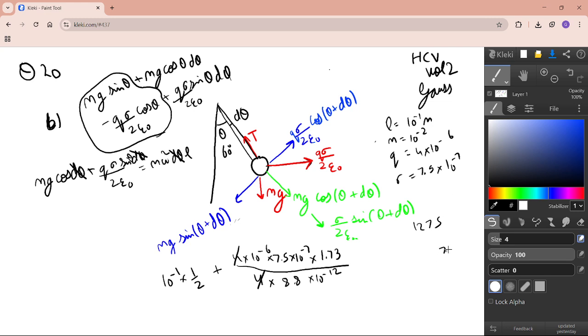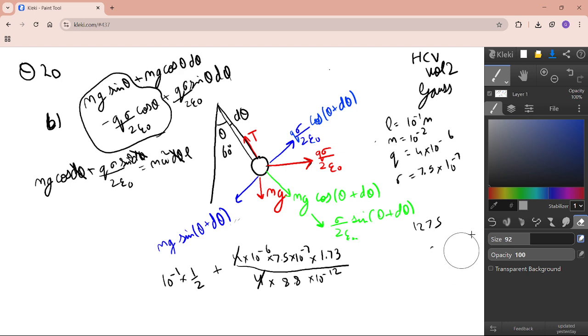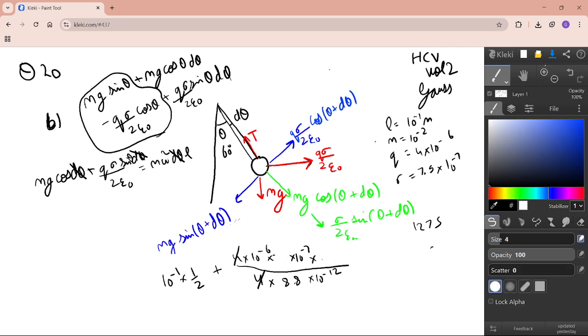Let's check. 75 into 17, 75, 5, 7, 1275, yeah. So just approximating it as 12. Why not? It's 12, and this thing is 9. And this is 4 by 3.